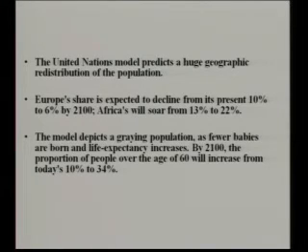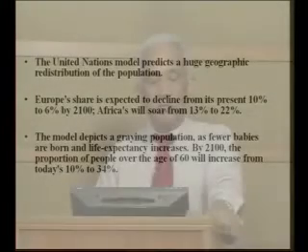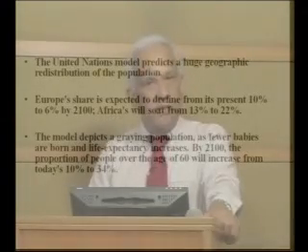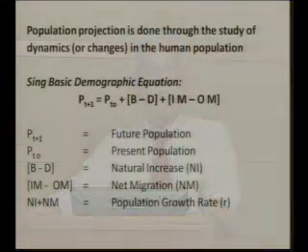And Africa is going to almost double from 13% to 22%, because most of the growth is going to take place in developing countries, and particularly Africa. Now, how do you know that this is going to be? How do you predict? That's done through what we call the basic demographic equation.